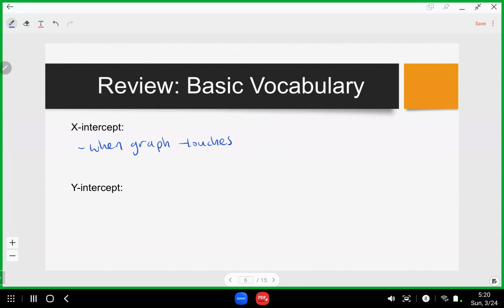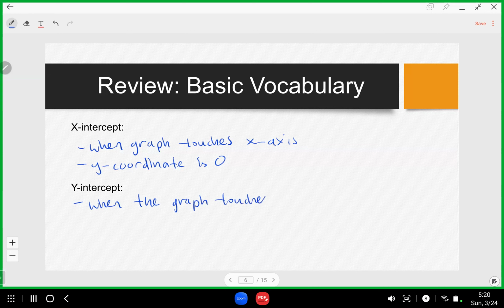When the graph touches the x-axis, the y-coordinate is 0. When the graph touches the y-axis, and the x-coordinate is equal to 0.